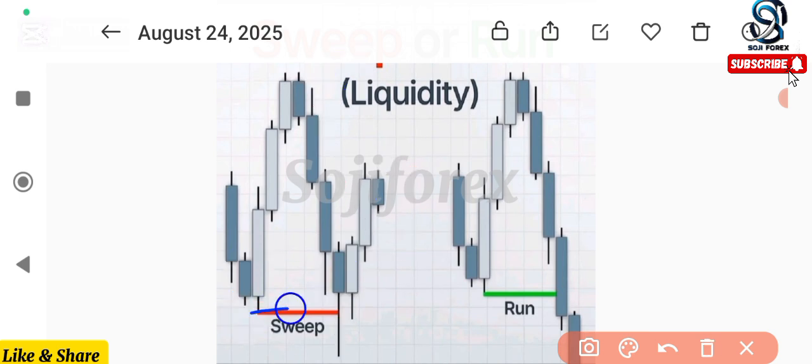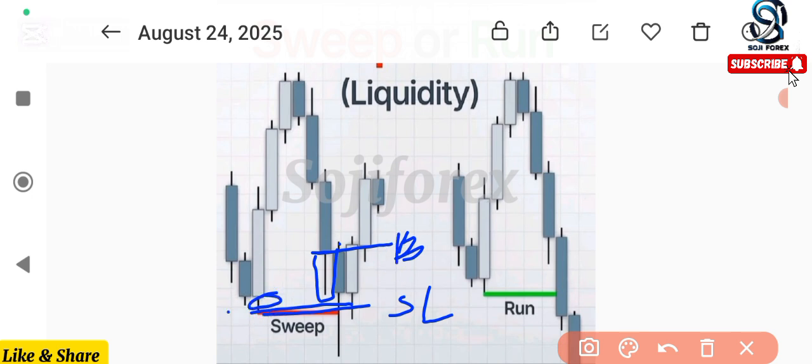So this becomes your stop loss, right? This candle formation, this wick on your 15 time frame becomes your buy entry. So you bought there on a 15-minute time frame.